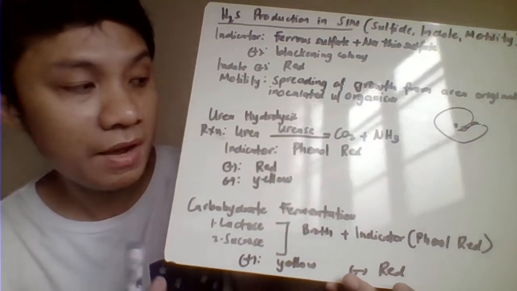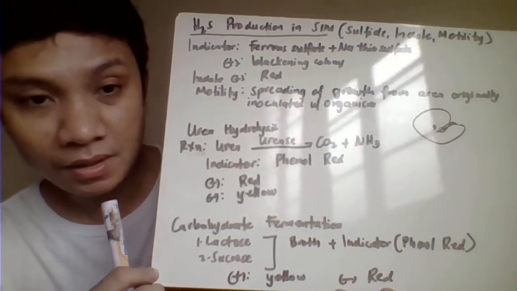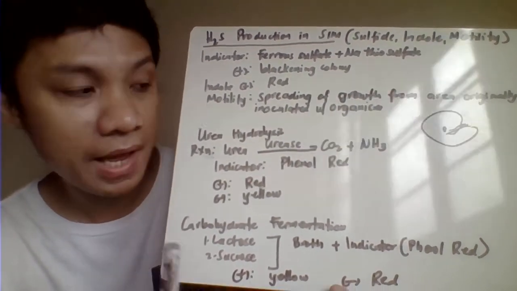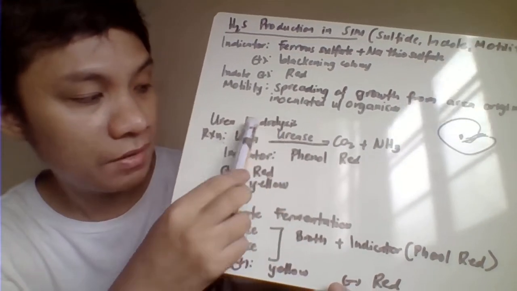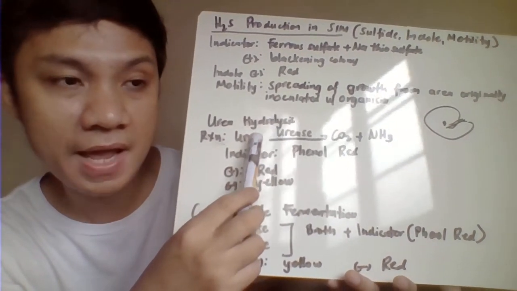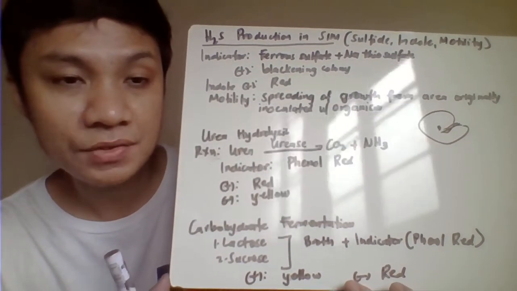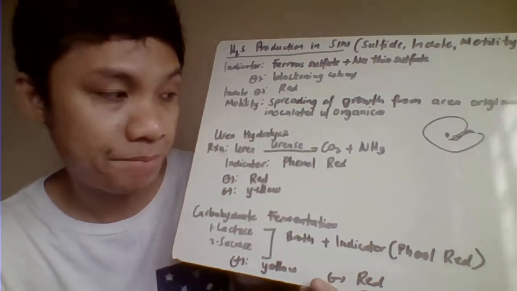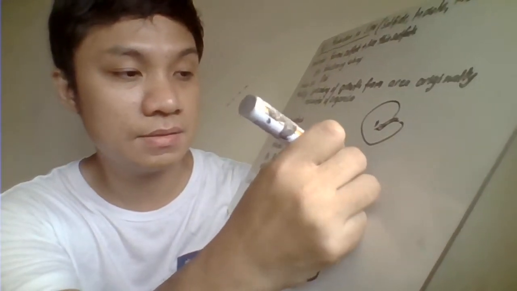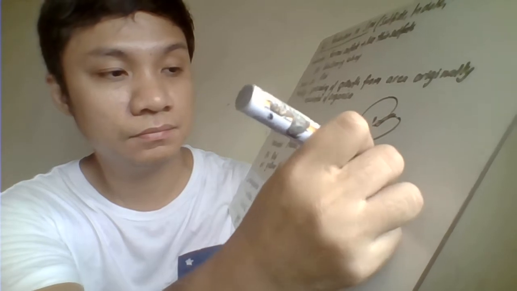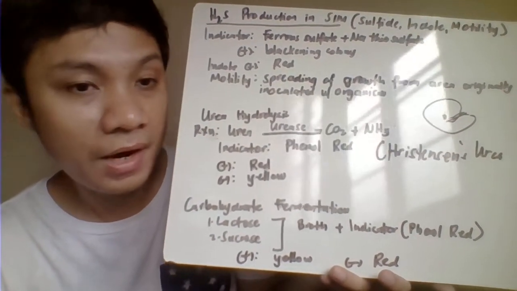Okay, the next test, we have here your urea hydrolysis test. Test here would identify the enzyme urease. So if your bacteria contains the enzyme urease, we have here your substrate urea. The culture media for that is your Christensen's urea broth or agar.